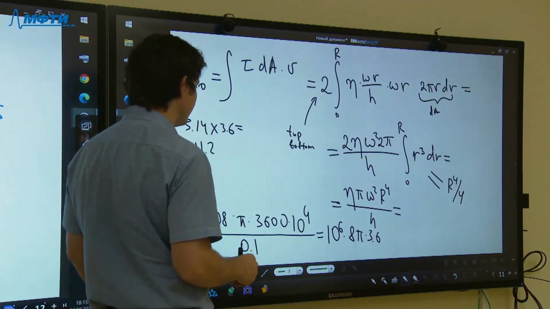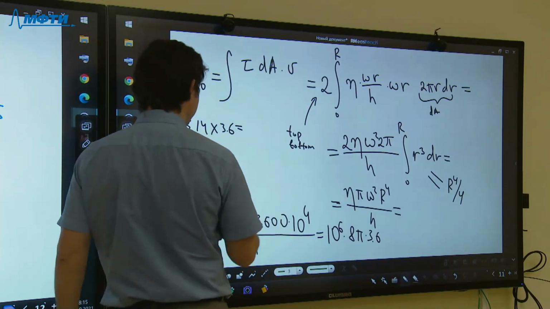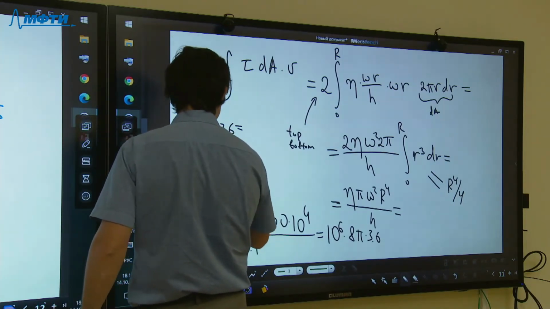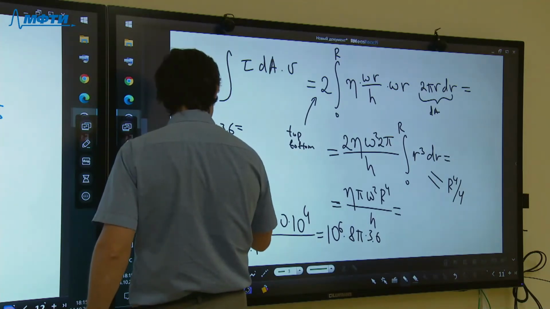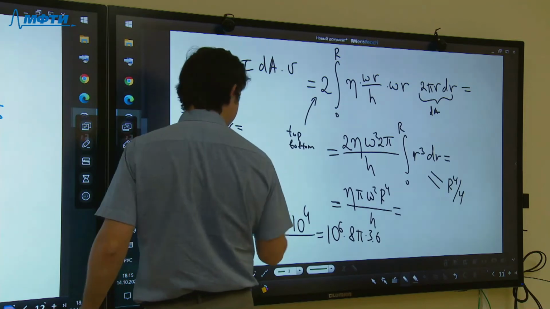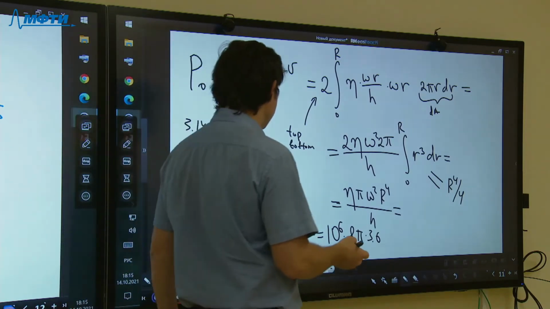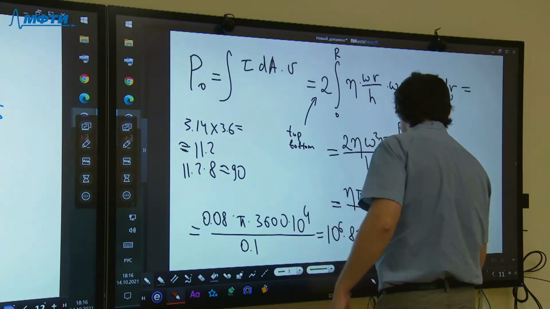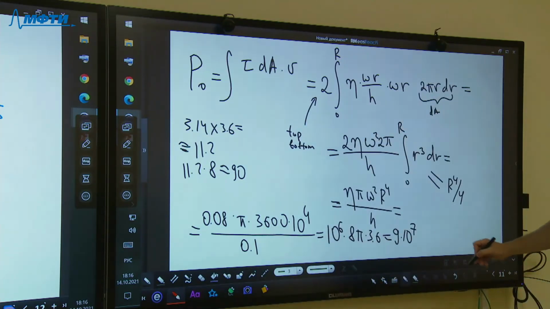But once again I need to multiply this by 8, so if I multiply 11.2 by 8, that's approximately, let's say, 90. So this is 9 times 10 to the 7 of CGS units of power.